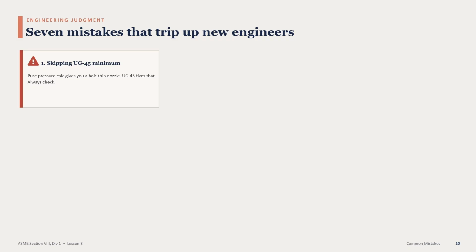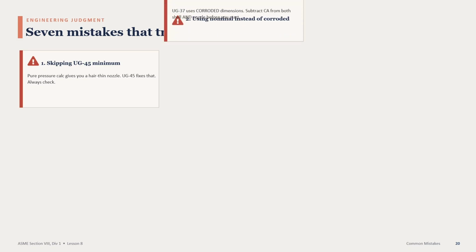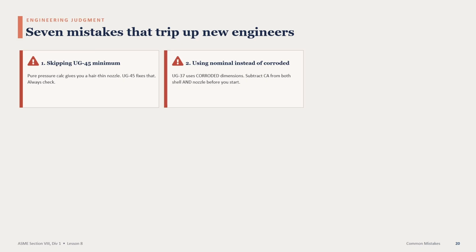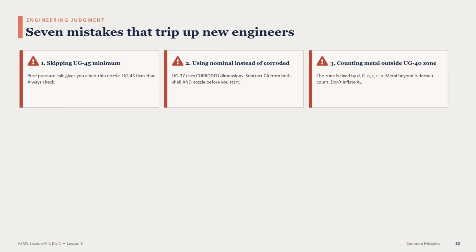Don't skip it. It often governs. 2. Using nominal dimensions instead of corroded. UG-37 uses corroded thickness. Subtract the corrosion allowance from both shell and nozzle before you start.